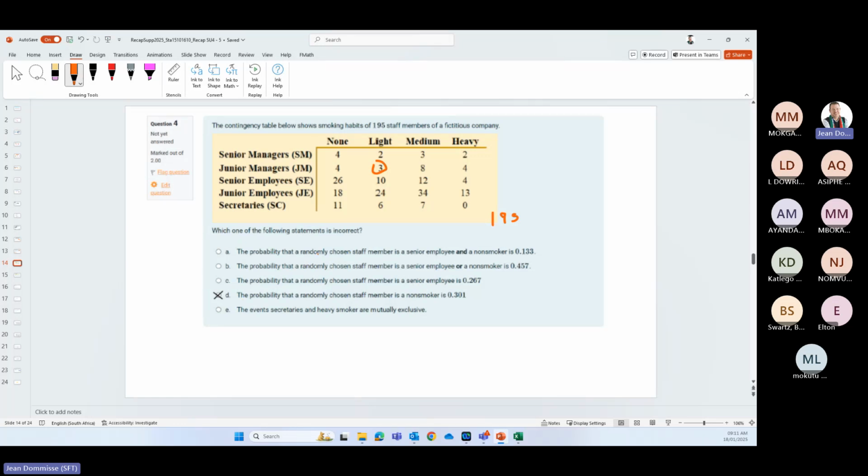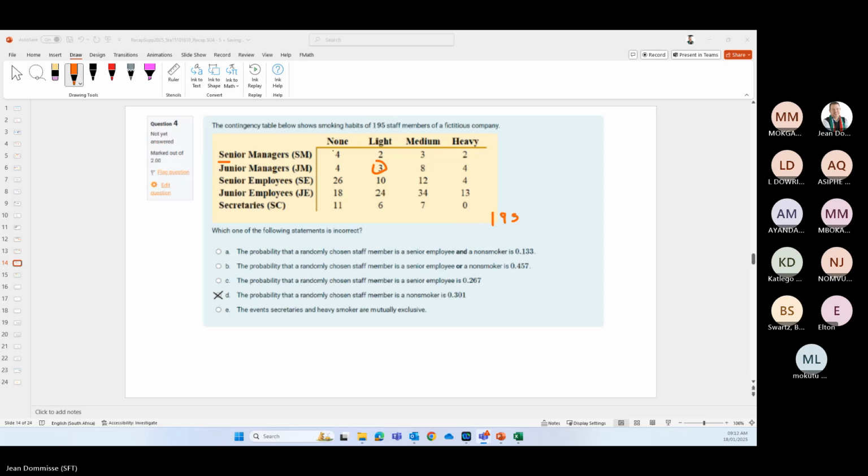So let's go into some of this detail. The probability that a randomly chosen staff member is a senior employee and a non-smoker.